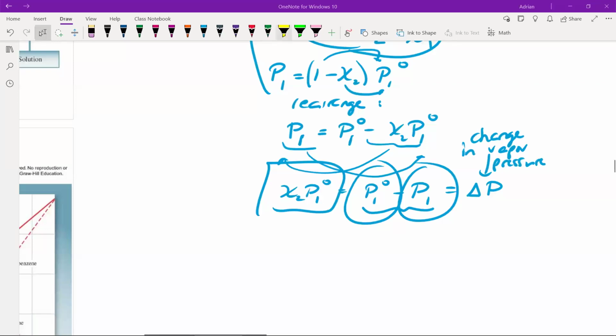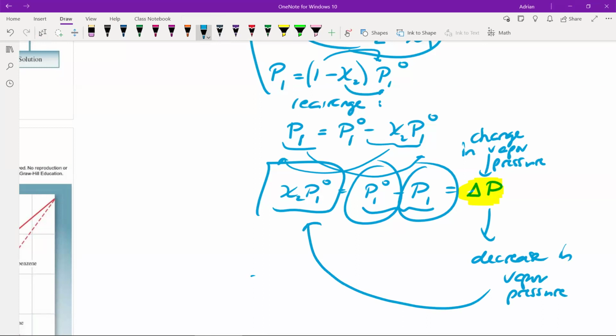So what this equation means is that the change in vapor pressure, or the decrease in vapor pressure, is directly proportional to the mole fraction of the solute.